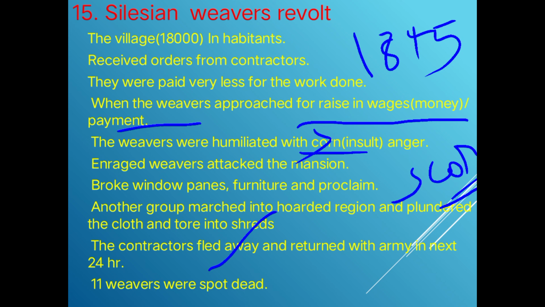They tore the cloth into shreds, and the contractors ran away in helplessness. After 24 hours, they returned, and this time they came with the army. Almost 11 weavers were dead. This can be expected for 3 marks.